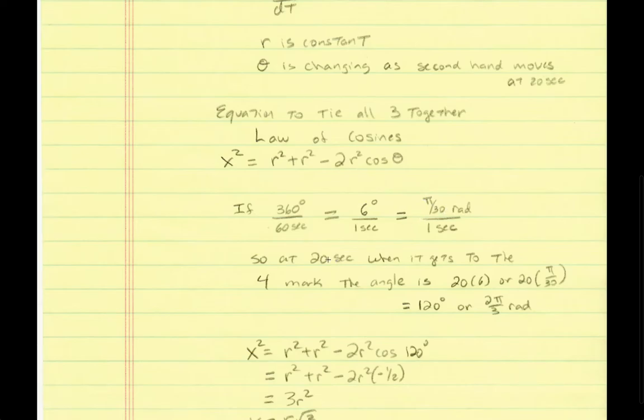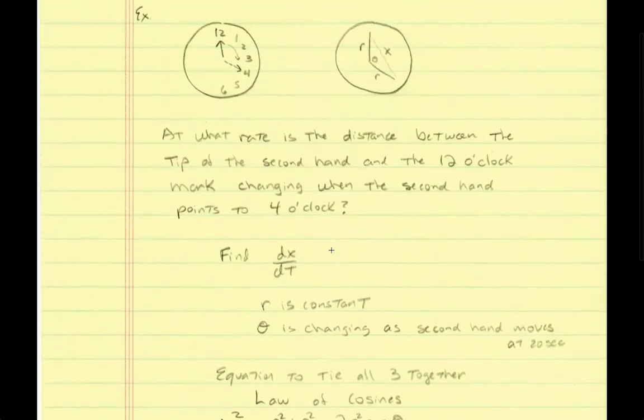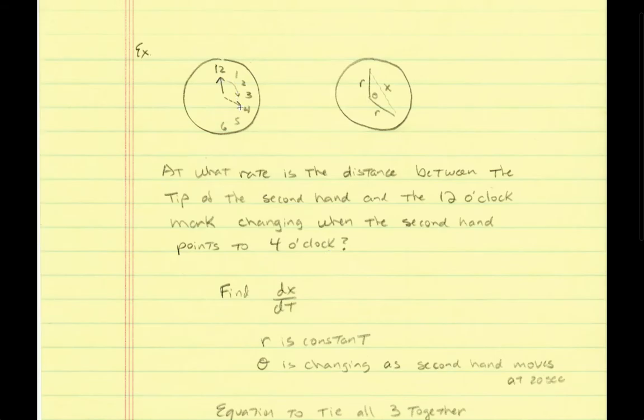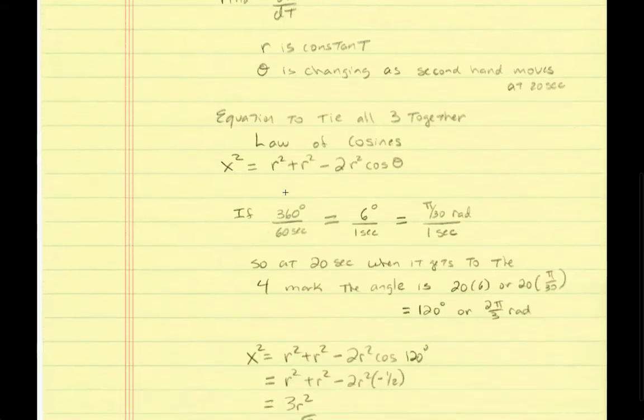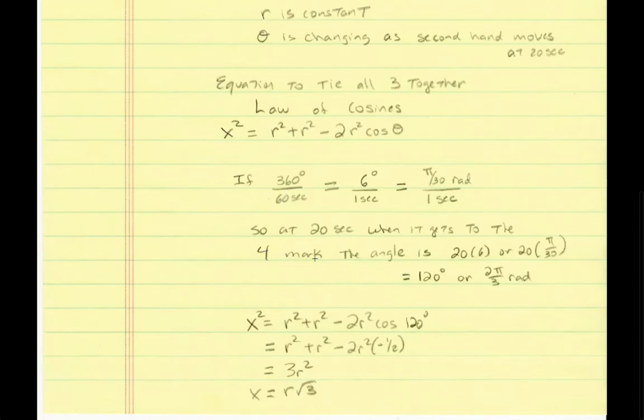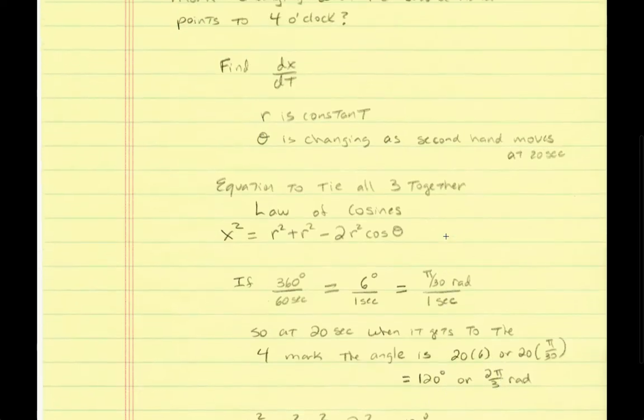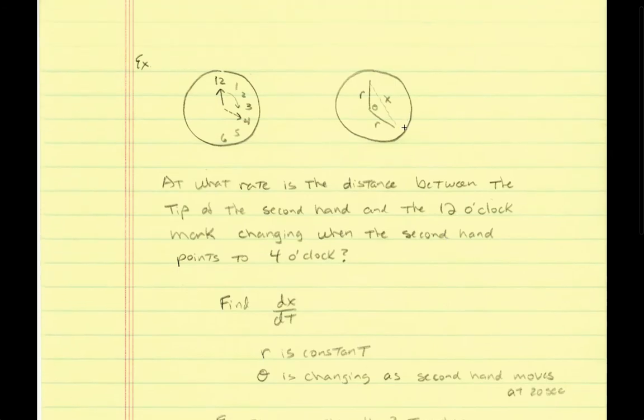So at 20 seconds, which is the time it takes to get to the 4 mark, the angle is 20 times pi over 30, which means the angle would be 120 degrees, or 2 pi over 3. So now I know my angle value when it hits the 4 mark.